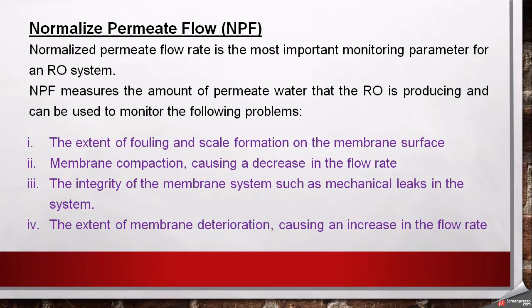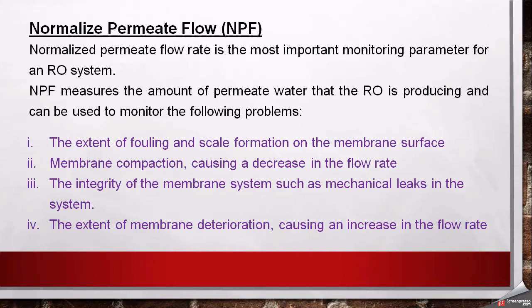NPF basically measures the amount of permeate water that the RO is producing and can be used to monitor the following problems. The change in permeate flow is basically due to the following reasons. Number one, the extent of fouling and scale formation on the membrane surface, which will affect the normalized permeate flow.